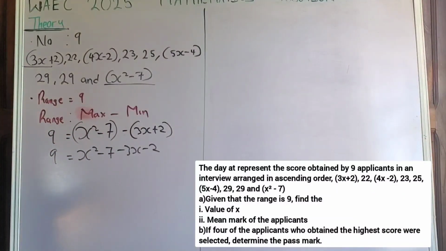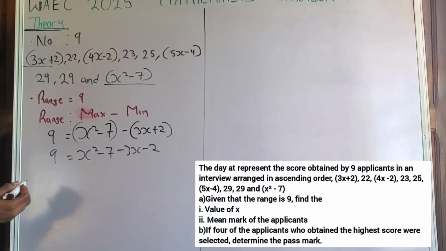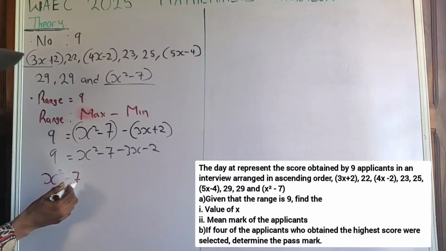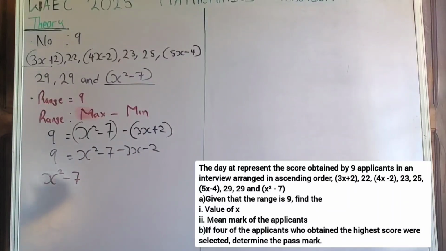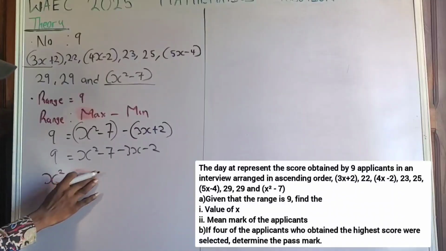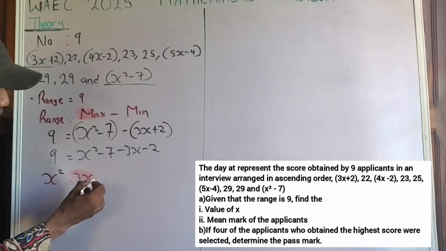Having gotten to this point, the next step is that you have to take this 9 to the other side of the equation. So we're going to have x² - 3x - 7 - 2 is what? Minus 9, right? Please pay attention. Minus 7 minus 2 is minus 9.